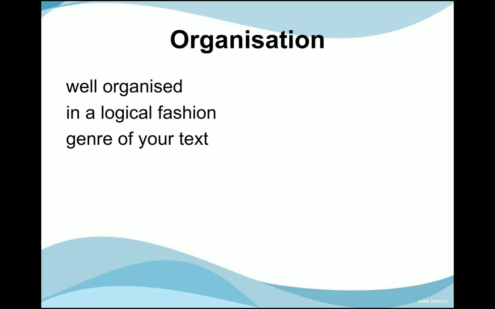Academic writing is well organized. It flows easily from one section to the next in a logical fashion. A good place to start is the genre of your text. Once you have decided on the genre, the structure is easily determined. Students are asked to write many different kinds of texts.